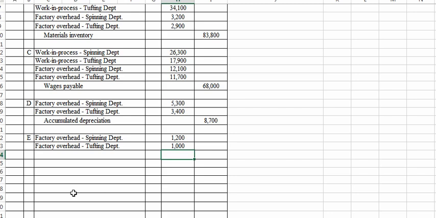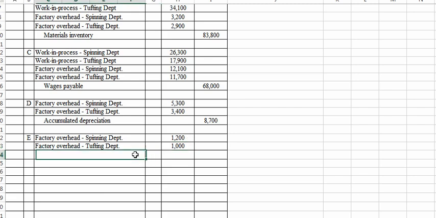Well, one reason for that, and this might not be the case, we don't know, it's just an example problem anyway, but maybe the bill was $2,200, right, which it looks like it was for the month. So they said, okay, the spinning department has 1,200 square feet. The tufting department uses 1,000 square feet, so we'll give spinning department $1,200 of the cost, the tufting department $1,000.